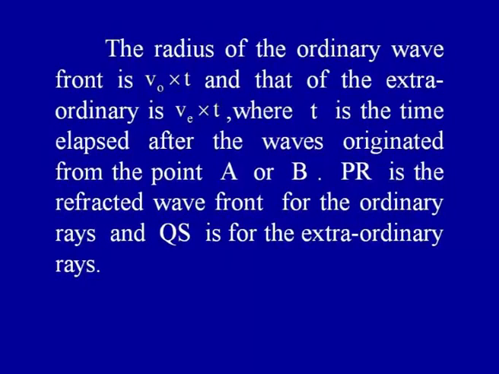The radius of the ordinary wavefront is v_o t, that of the extraordinary is v_e t, where t is the time elapsed after the waves originated from the point A or B. PR is the refracted wavefront for the ordinary rays, QS is for the extraordinary.